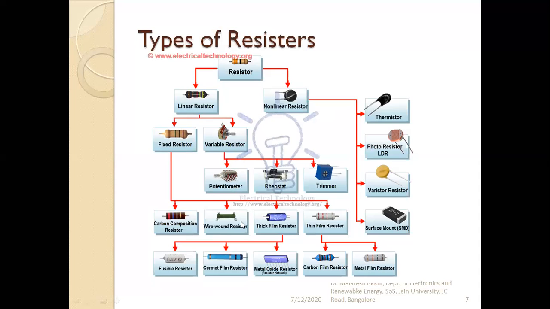On the right side, the non-linear ones, the thermistor, LDR, and varistor, we can call sensors, because they convert a physical parameter into a voltage or current. We take those voltages and give them to the controllers for processing. Depending on the conditions we put in the processor, it takes certain decisions and performs actions on relays or LEDs or something like this.